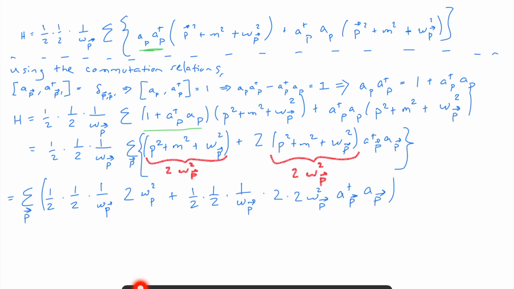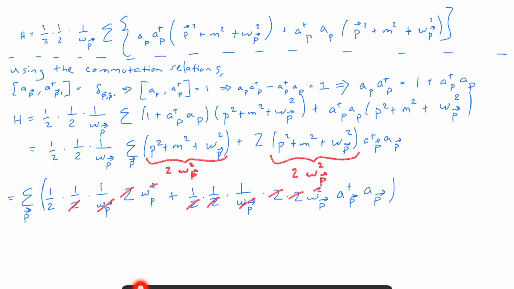And now if you just keep cranking it out, you get the sum over p, which I just pulled out here, a half, 1 over omega p, 2 omega p squared, right over here, plus, and I just factored this whole thing out again, a half, 1 over omega p, and then 2 omega p squared, and then a†_p a_p comes right over here. So this number here and this thing over here with these operators attached to it.